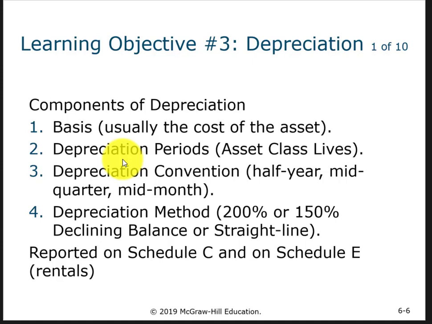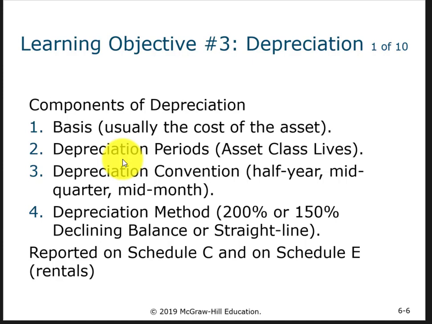So in 2021, if you bought an asset on March 15th, you would depreciate it for 9.5 months. All right, so half of March and then April through December. That's the mid-month convention. All real estate does that.